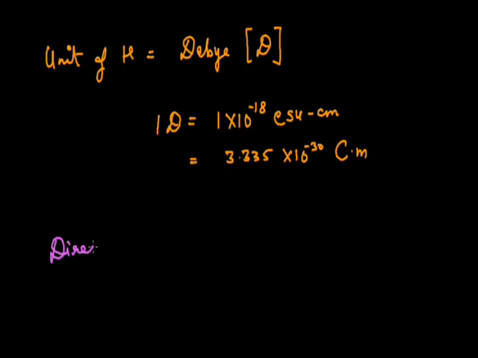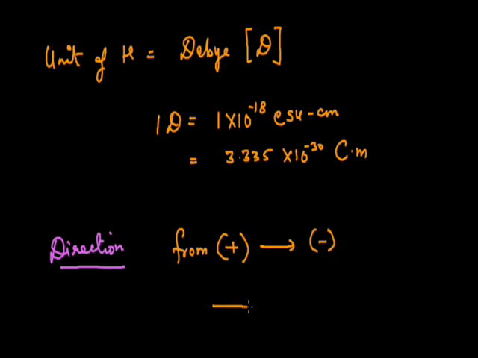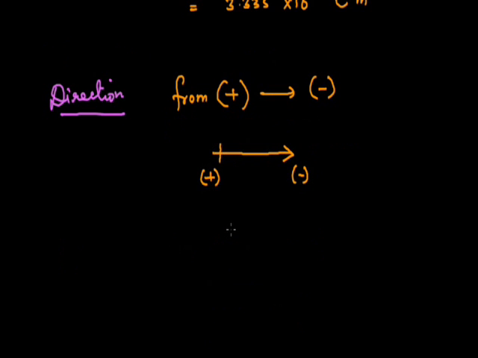The direction of dipole moment is from positive atom to negative atom, and it is shown with the help of a symbol, an arrow pointing from positive atom to negative atom with a vertical line at one end. So for the HCl molecule, we can show the dipole moment like this: pointing from H to Cl, where H has a partial positive charge and Cl has a partial negative charge.